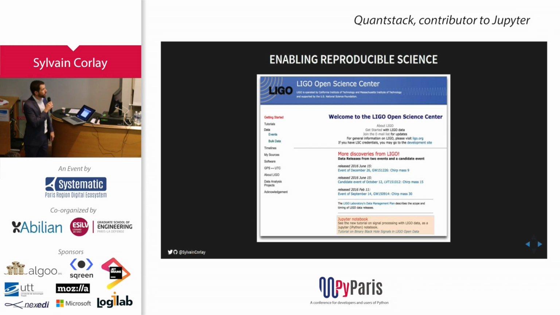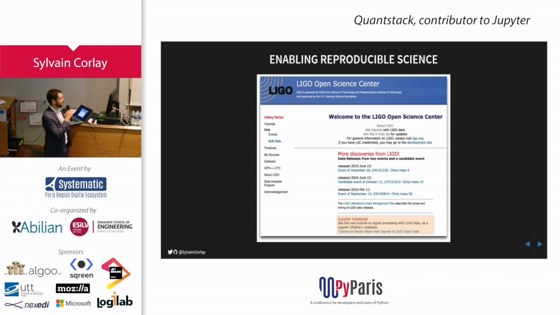So it also enabled reproducible science. So I don't know, who in this room has heard of the LIGO project? Okay, it's probably half the crowd. LIGO is the name of a physics experiment that was meant to measure and see whether gravitational waves were just a theory or whether they could be observed in practice.